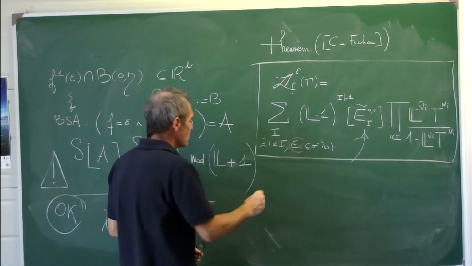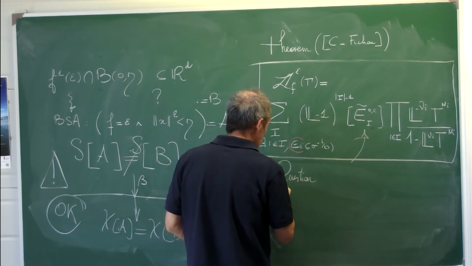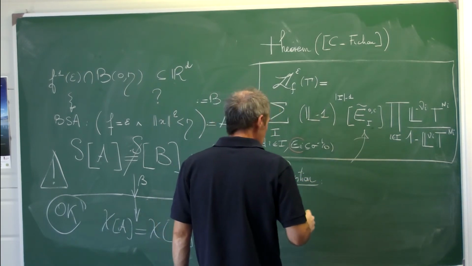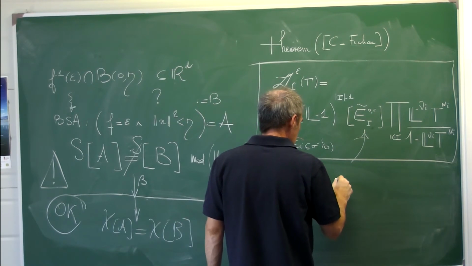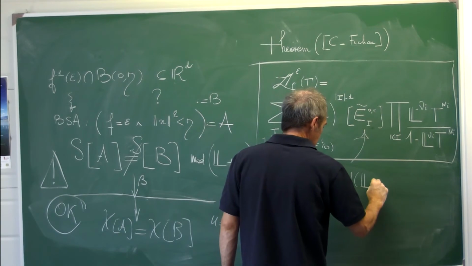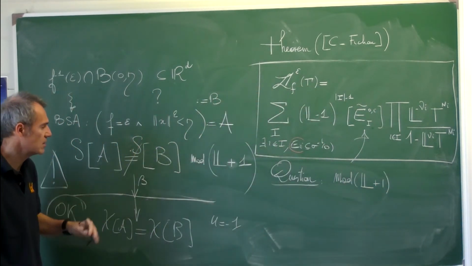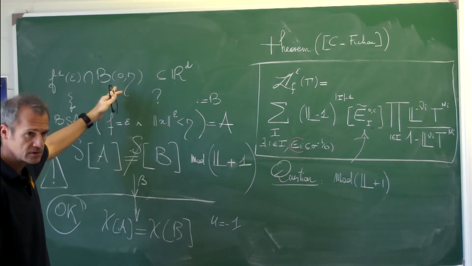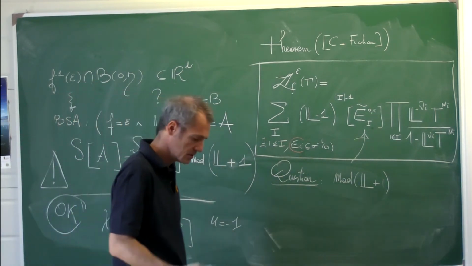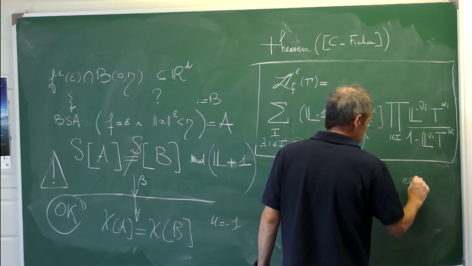So the question that François Loeser asked us is the following: if we consider the mod L plus 1 relation for basic semi-algebraic formulas with the same set of points, the set being a Milnor fiber, do we have equality?